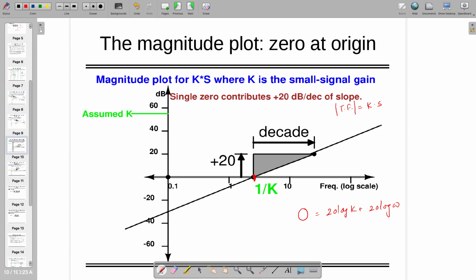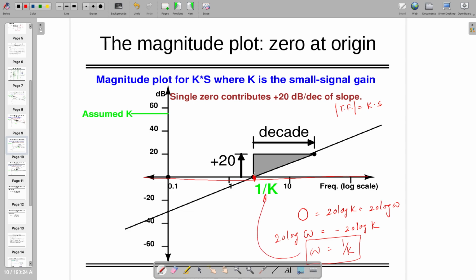When this transfer function becomes 0, at this 0 dB line, what is going to happen here? That only happens when 20 log omega is equal to minus 20 log k, so this is happening at omega equal to 1 by k. That is what I am drawing here. At 1 by k it's 0.